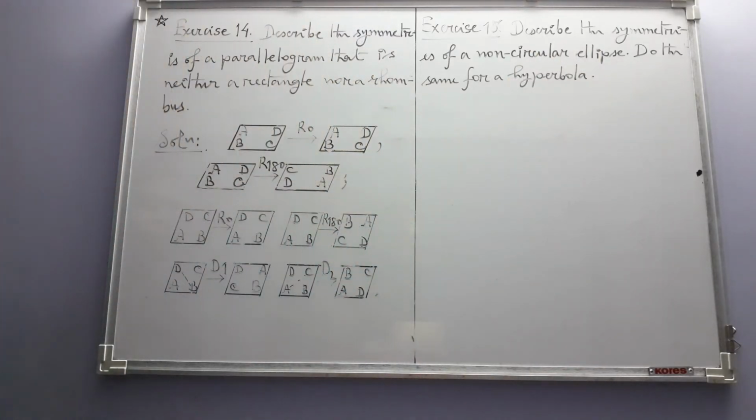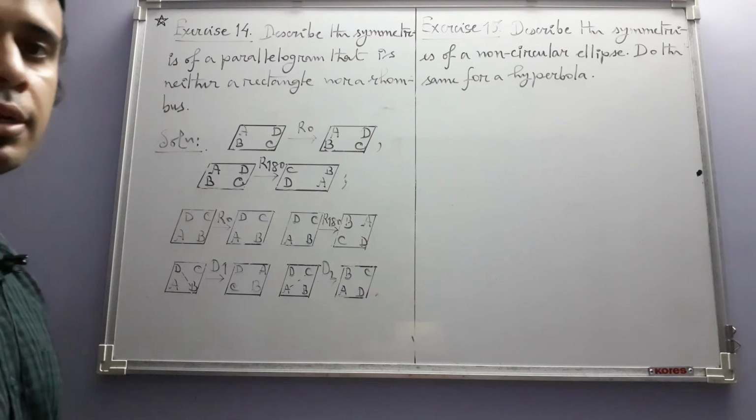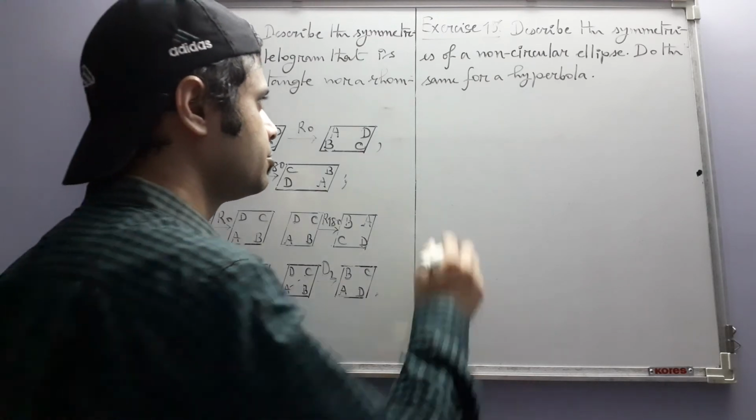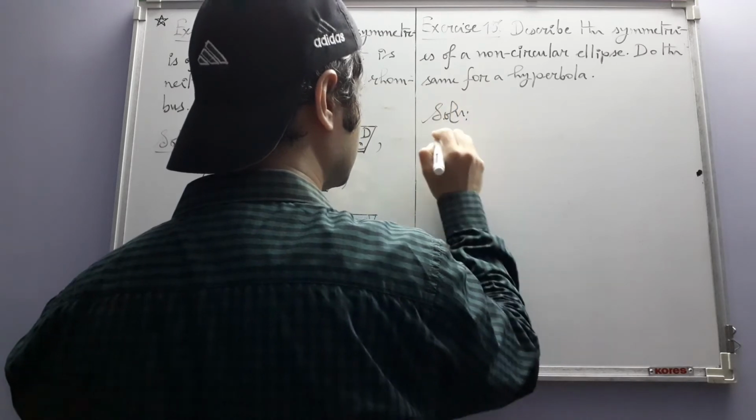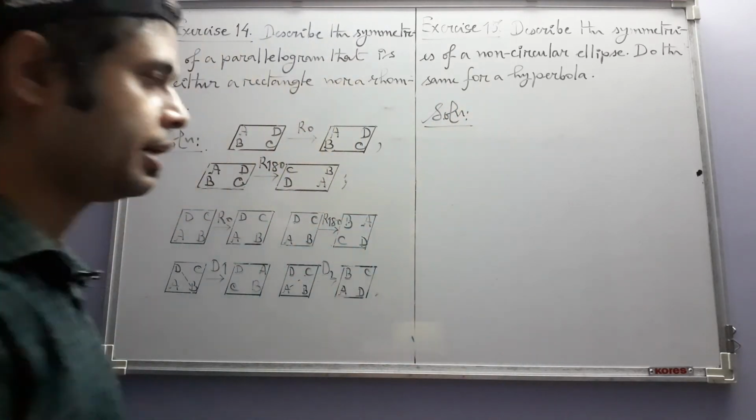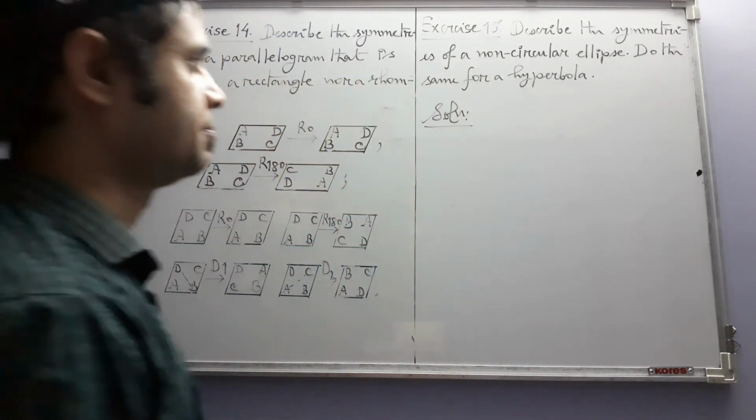Okay, this time I cannot use any ruler or anything. I can use a ruler to draw the axis, but not the ellipses themselves.